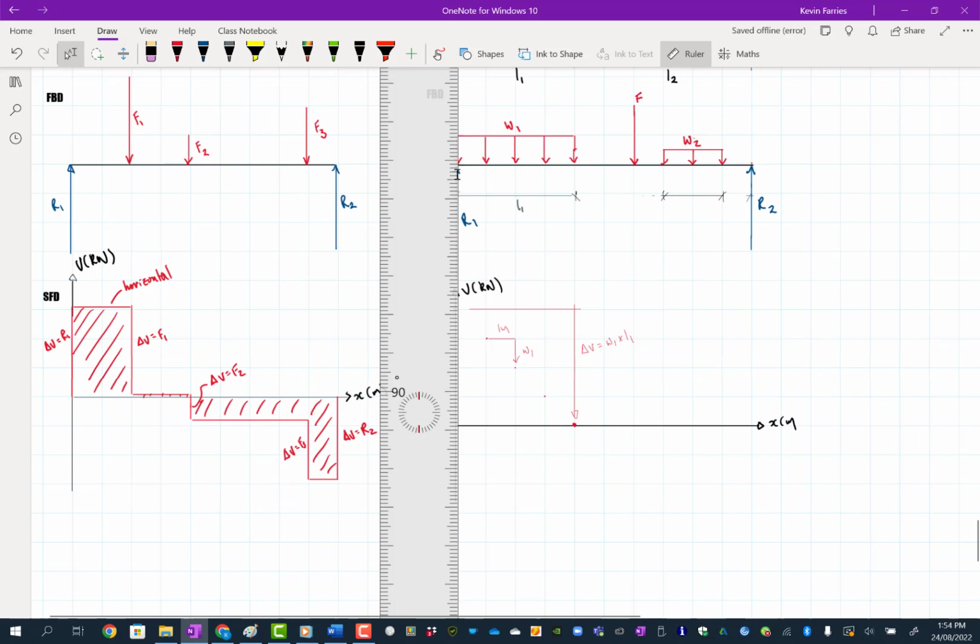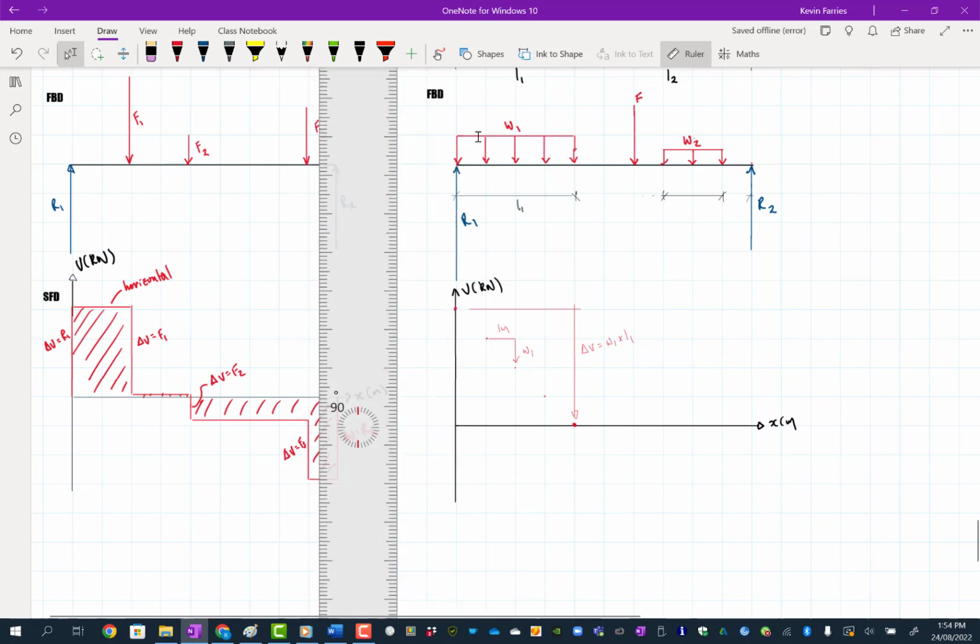Another way to think about it is for any distance along here, the amount you go down is just equal to the area under this. So as you come along 1, the area, in our case, is 1, if we're just counting squares. If this was like 10 kilonewtons per meter, you come along 1, you go down the area under here, which would be 10 kilonewtons times 1, you'd come down 10 kilonewtons.